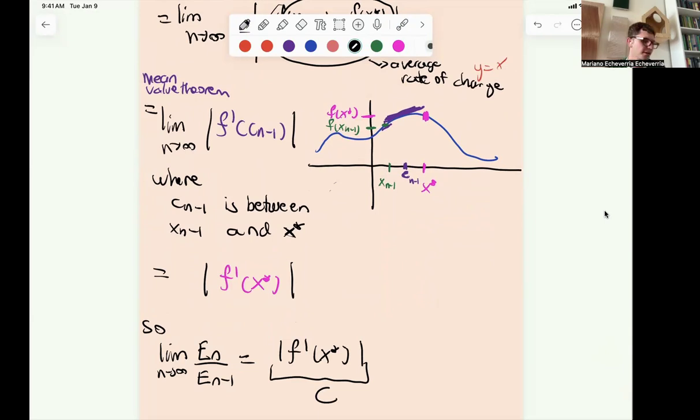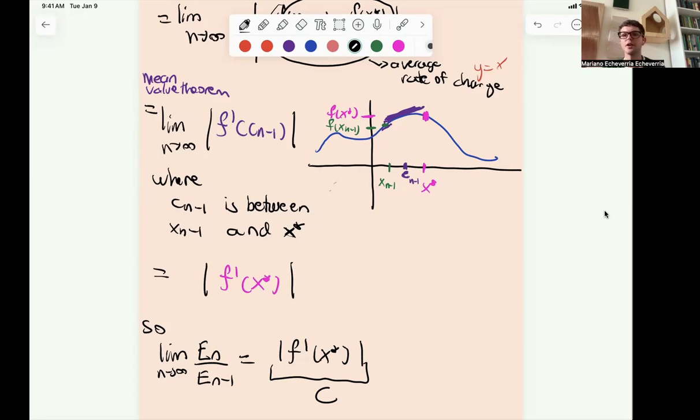Okay, so that tells you that in the fixed point method, the successive errors, if you take the ratio of two of the errors, that's roughly the value of the derivative at the fixed point. That's kind of what this is saying.